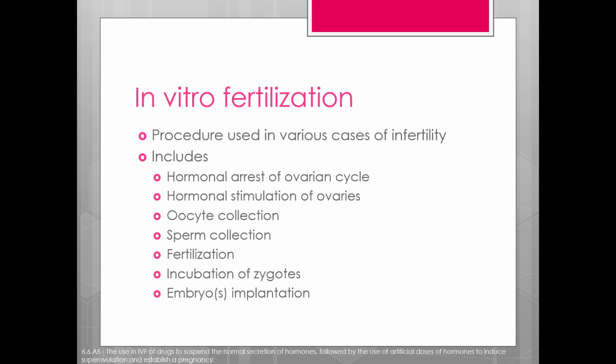This is why we call it in vitro fertilization, because the environment for the meeting of oocyte and sperm cells is created artificially. Then the created zygotes will be incubated in order to see if they develop properly, and then the embryo will be implanted. Let's talk for a moment about each of these steps.